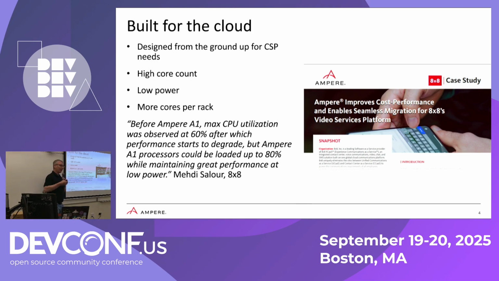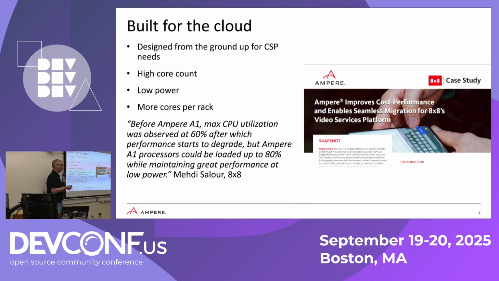And a lot of that functionality that's been dragged along from the 1980s is adding power usage, and it's adding complexity that makes it difficult to manage applications running on x86 in cloud environments.